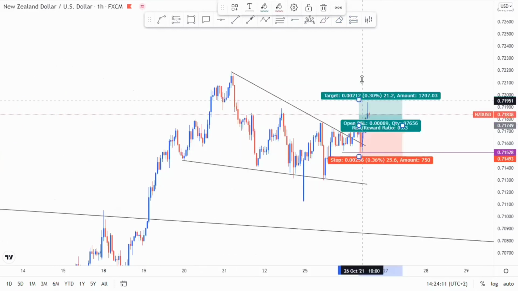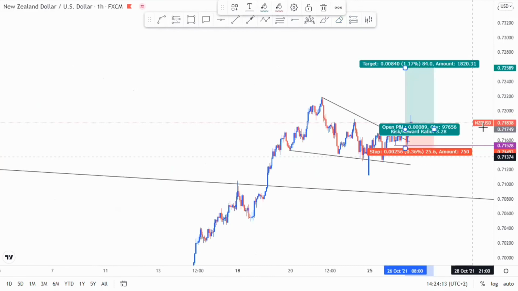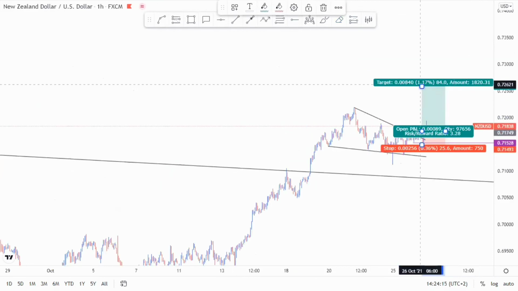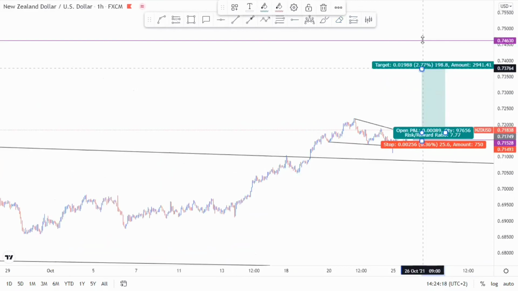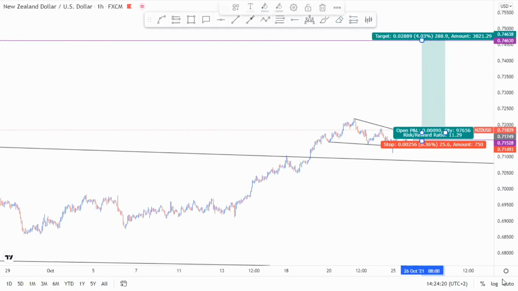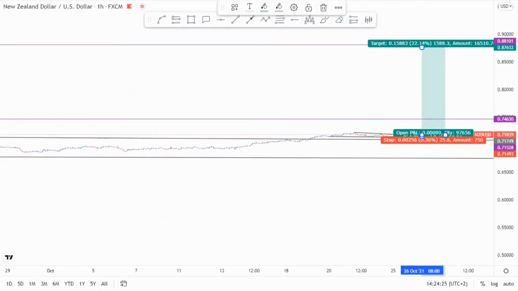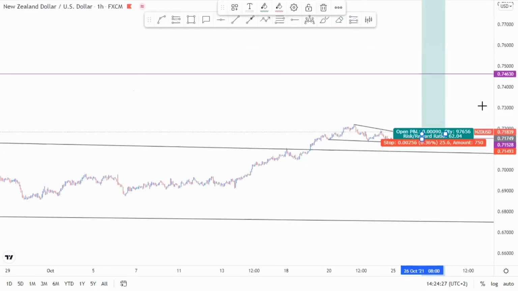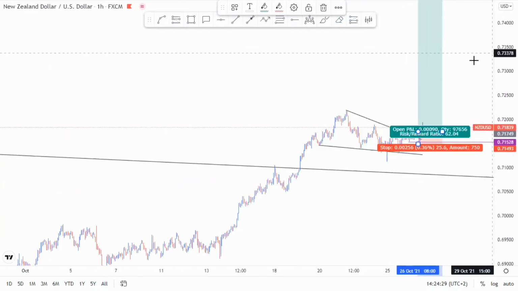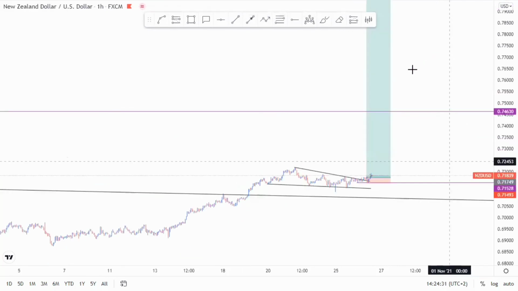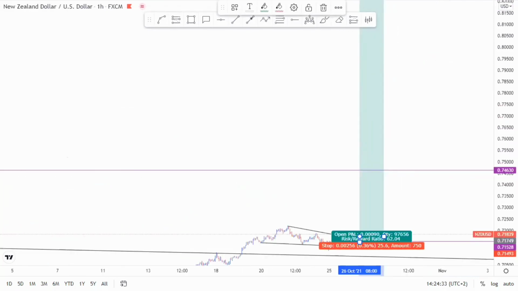Then you can swing it to the top, all the way to the top. You know where it ends, at the top. You guys can see this is not even the top. Top is way up there. There's the top. If we have swingers watching these videos, then this is for you guys. For scalpers, you know where to get out. So let me just erase this.